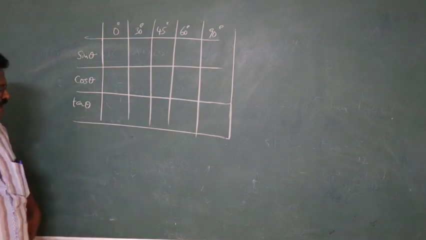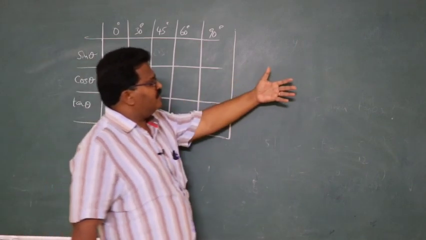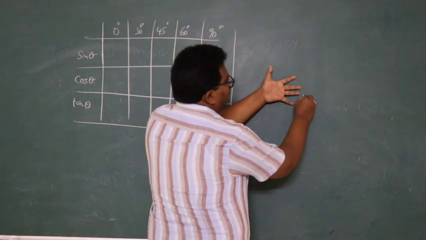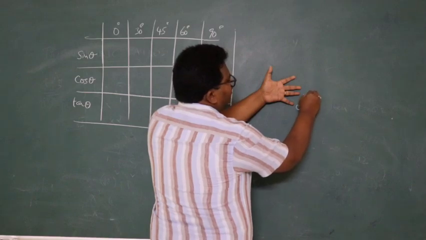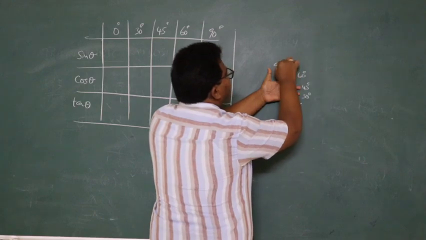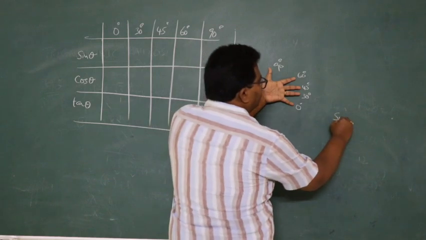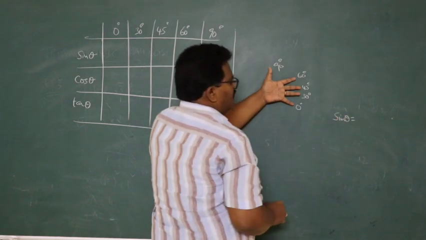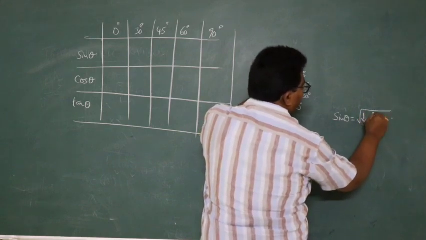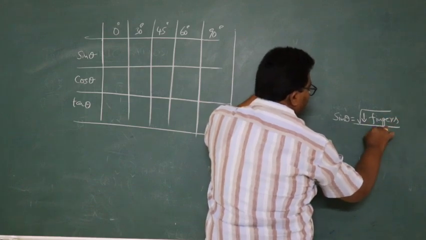One interesting way I am discussing here, see this. Put our hand like this: this is 0 degrees, this is 30 degrees, this is 45 degrees, this is 60 degrees, this is 90 degrees. For finding sine theta, the formula is root of below side fingers by 2.